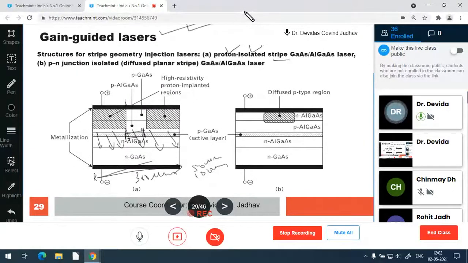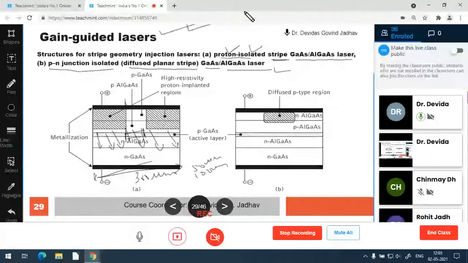So a strip is created, but how is this strip created with different techniques? The first technique is the proton isolated strip in the GaAs AlGaAs laser, and the second is the PN junction isolated, also called the diffused planar strip, in the GaAs AlGaAs laser.